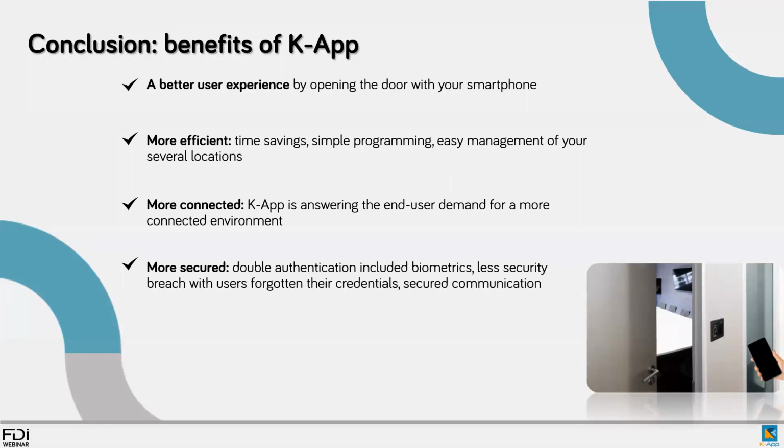The other point is that it's also more secure. I showed you that you have the possibility to use double authentication, even with biometrics, when your mobile phone offers you the possibility to use face recognition, for instance. Using Bluetooth access offers more security with double authentication and biometrics, and you also have fewer security breaches with users who have probably forgotten their credential, and it's in the secure communication.